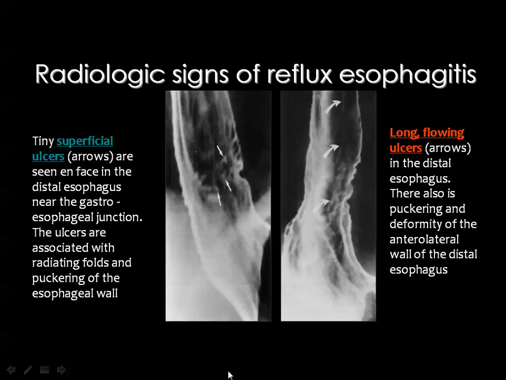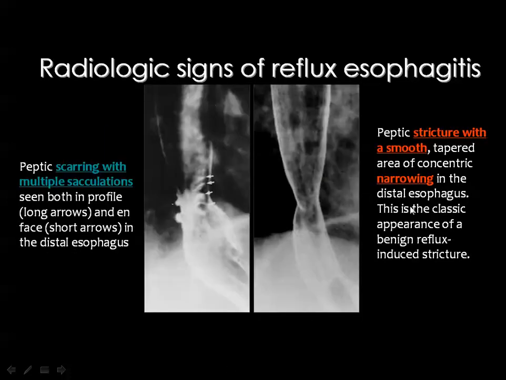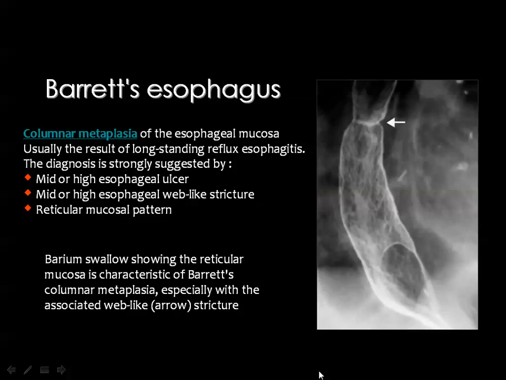And after that, there will be scar tissue and multiple saculations, which you can call pseudodiverticula, due to deep ulcerations in the wall of the esophagus. And later on, the stricture itself will develop, which is the peptic stricture, as I have said.